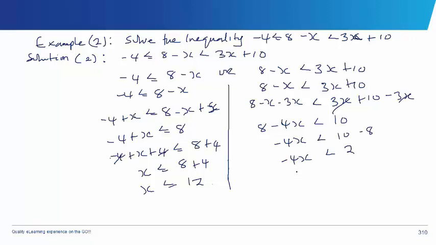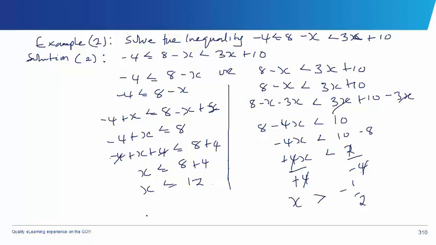And so I want to make x the subject of the formula. All I have to do is to divide both sides by minus 4. I divide both sides by minus 4, and then minus 4 takes care of this, and takes care of the signs too, and here becomes x. Meanwhile, this minus 4 changes the inequality sign from less than to greater than, and then it becomes minus 1/2.